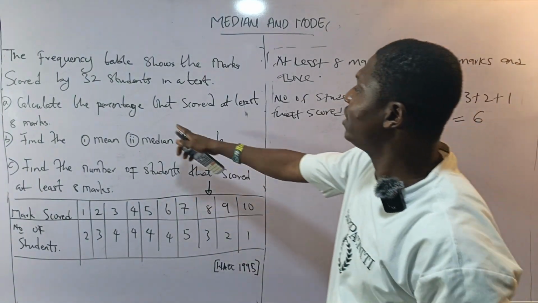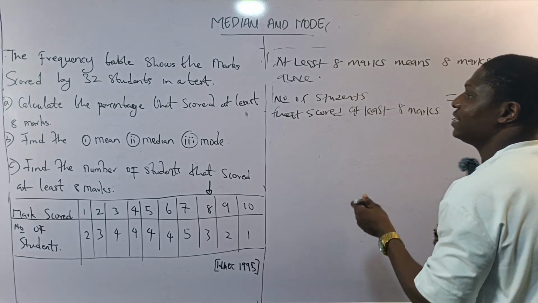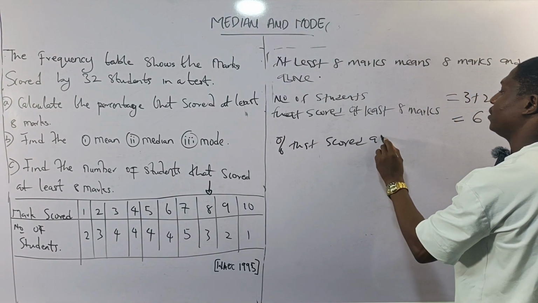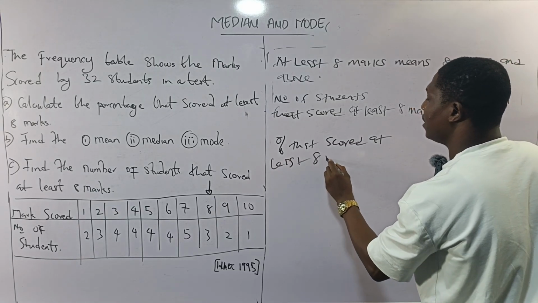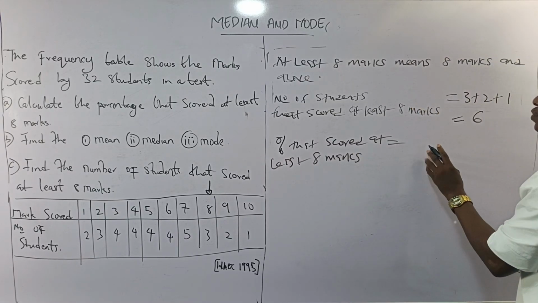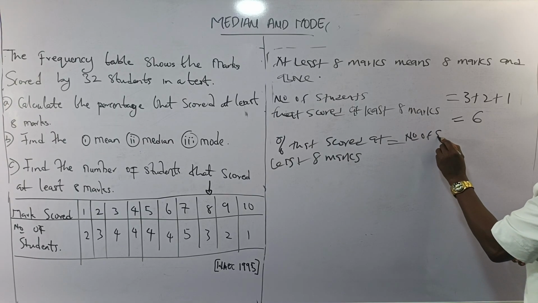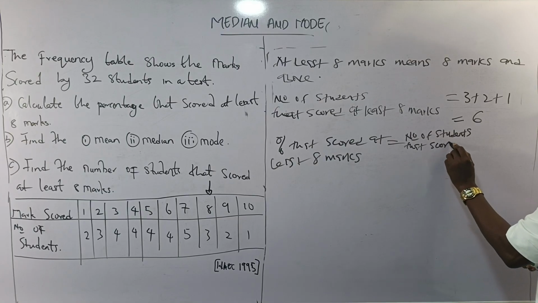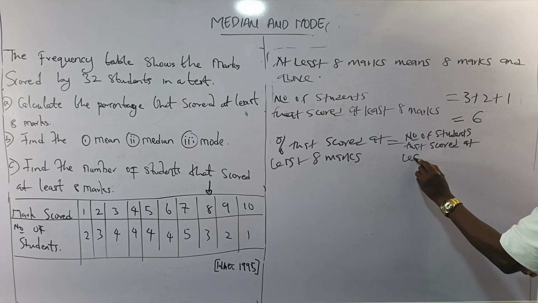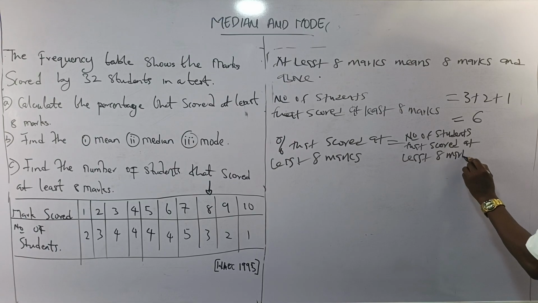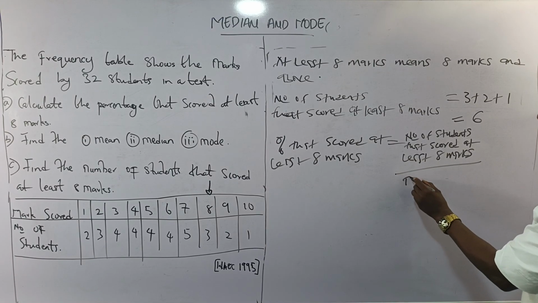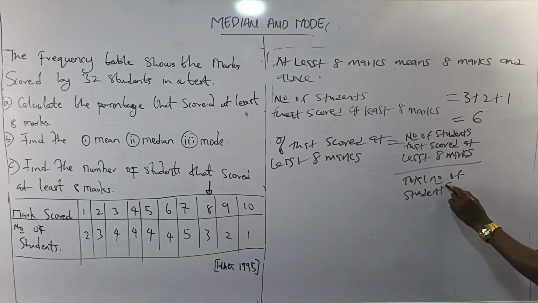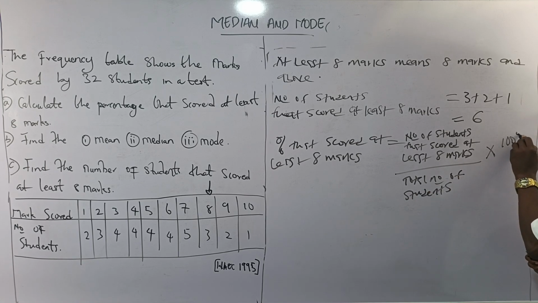Now, but it says calculate the percentage that scored at least. So percentage that scored at least 8 marks is equal to what? Number of students that scored at least 8 marks all over total number of students times 100%.